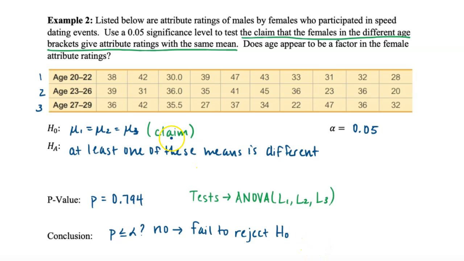And in this case, my claim is the null hypothesis. And so if I'm failing to reject the null hypothesis, then I can say that there is insufficient evidence to reject the claim. And then I always want to restate that claim so that females in the different age brackets give attribute ratings with the same mean.